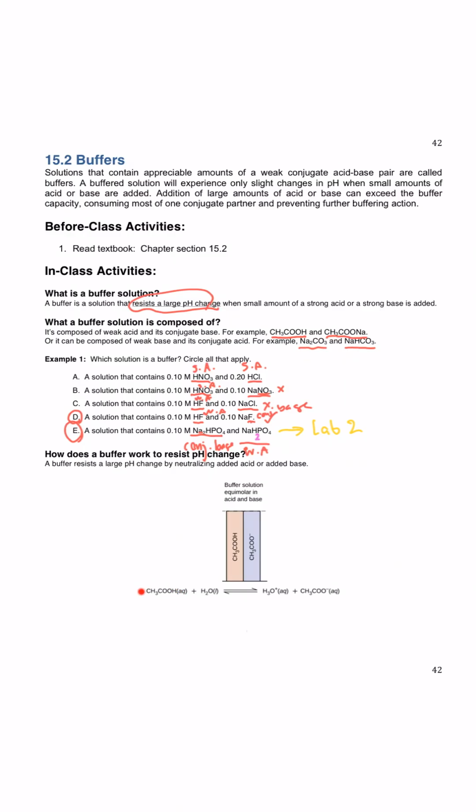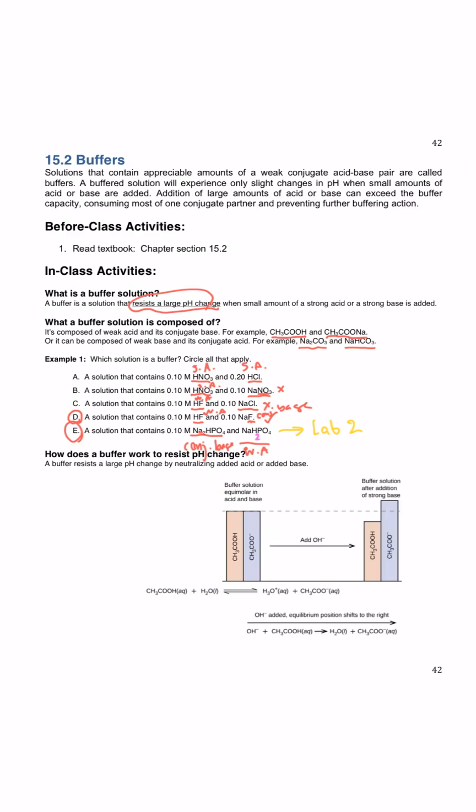For example, the weak acid will react with water to produce hydronium ions and also its conjugate base. Vice versa, the conjugate base present in the solution can also react with the available hydronium ion to convert into the weak acid.